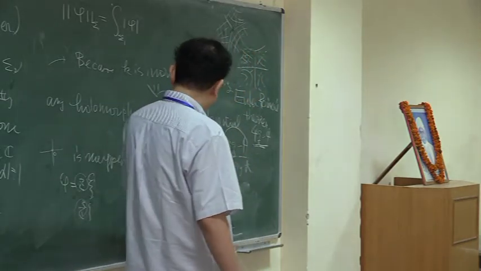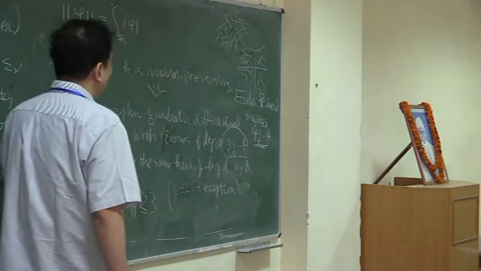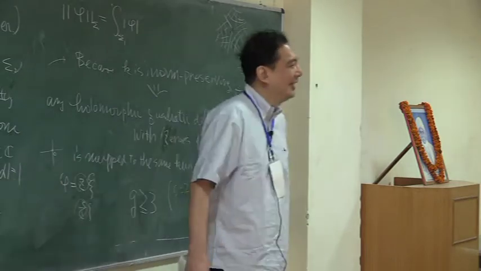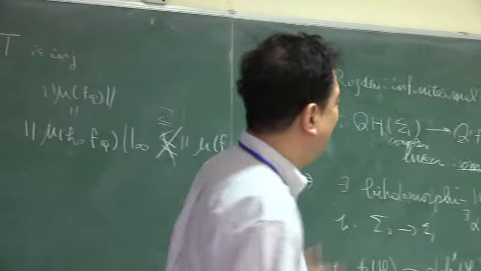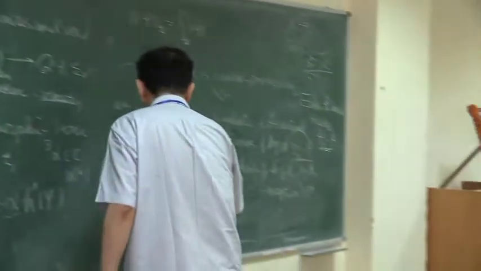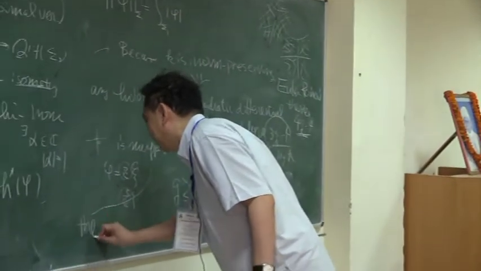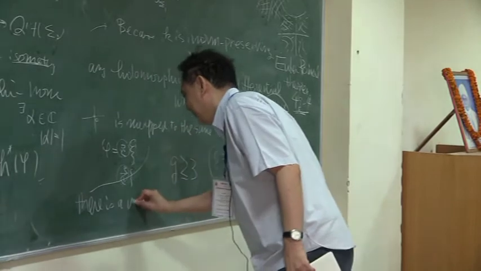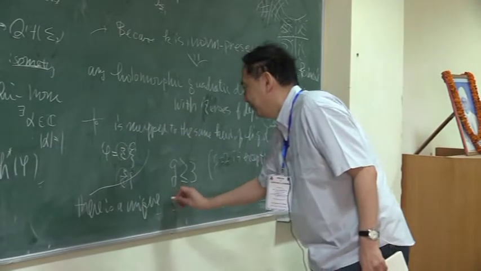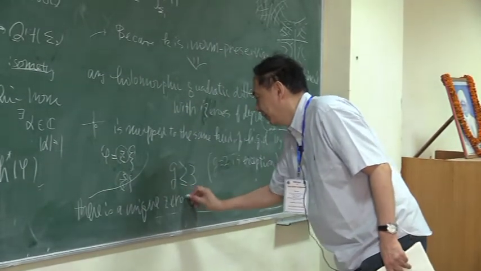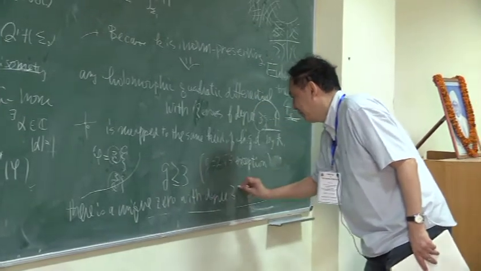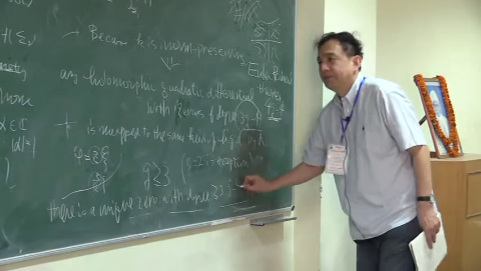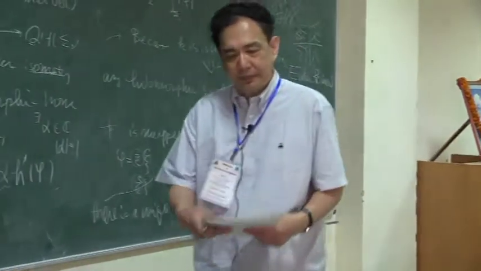But if g is greater than or equal to 3, then you cannot have 2 of them. So that's why there's a unique 0 with degree greater than or equal to 3g minus 4. Okay?